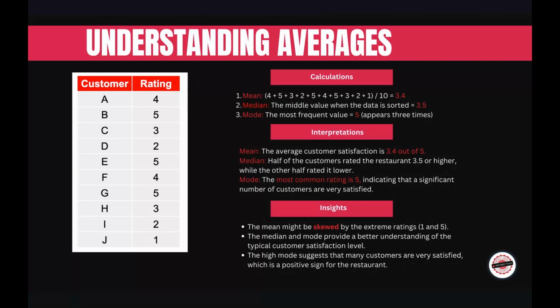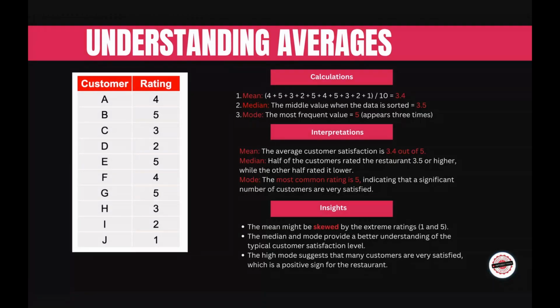I mean, the most common rating in this entire data set is 5, which is contradictory. Why so? If 5 is the most common rating, which came 3 times, it means out of 10, 3 people are 100% satisfied. Despite this, the data lands on 3.4 as an average.